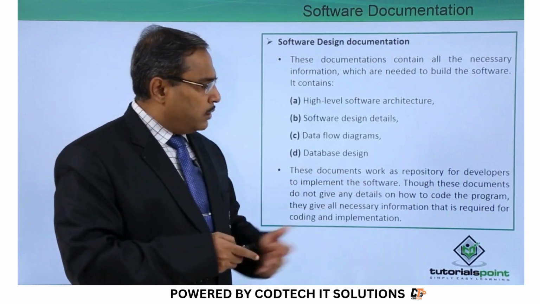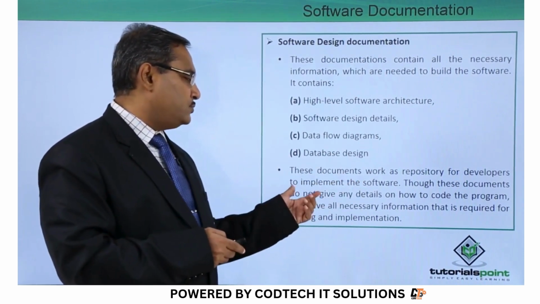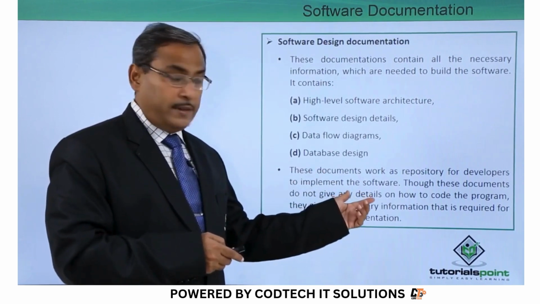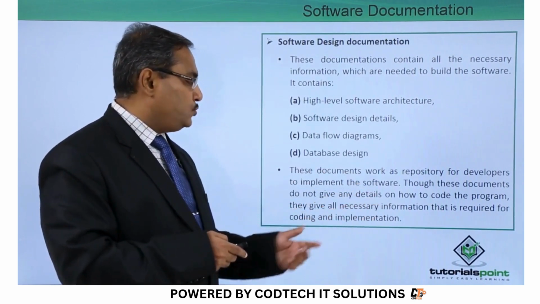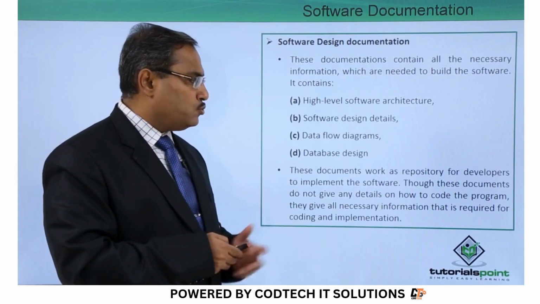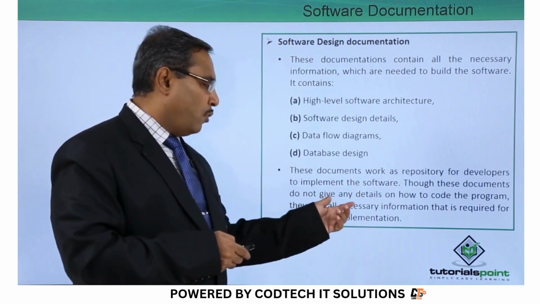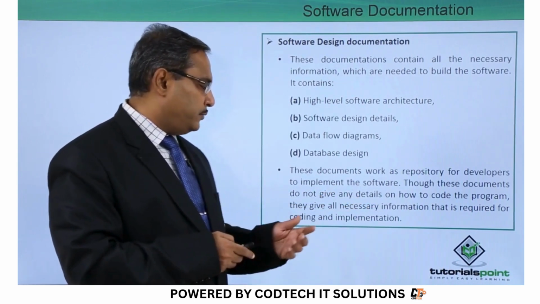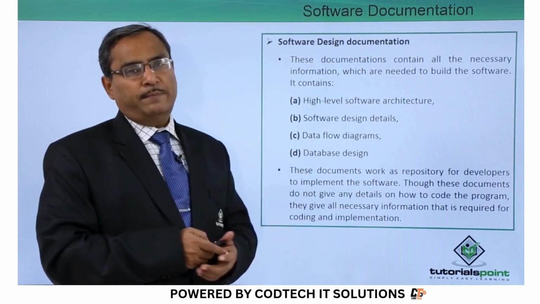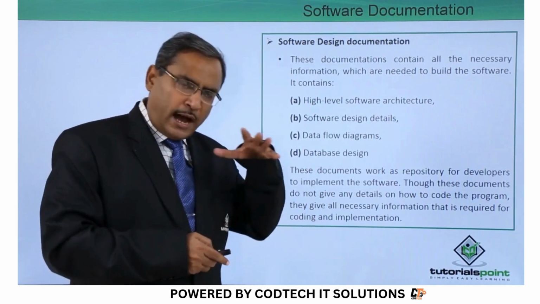These documents work as a repository for developers to implement the software, and though they do not give any detail on how to code the program, they give all necessary information that is required for coding and the respective implementation of the software. So it is a high level one.